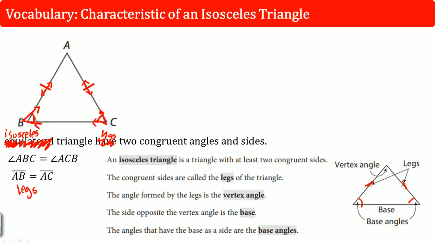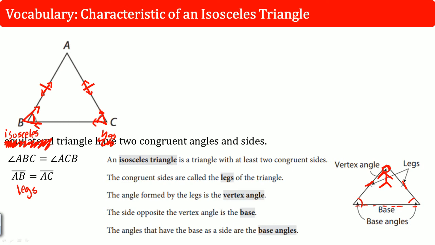The tip here, think about this as the corner. This is like where your head is, and that's your arms and that's your legs. That's your head, so that's your vertex. The base is right here. The base is what connects your two legs together, and that is also where your base angles are.